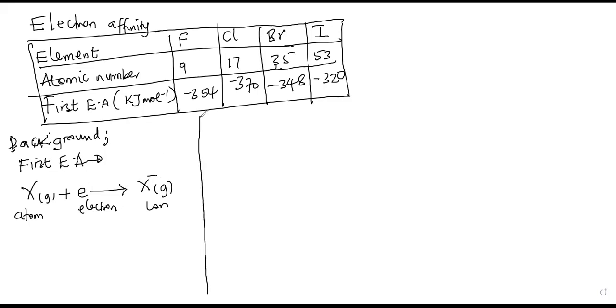So now the question comes. Let me call it my part A: plot a graph of electron affinity against atomic number of elements.